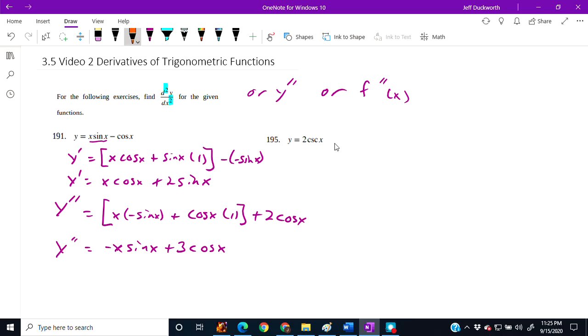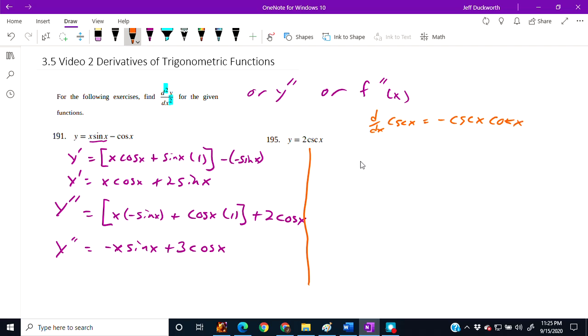This other one, cosecant. Let's take the derivative of cosecant, which is negative cosecant of x times cotangent of x.